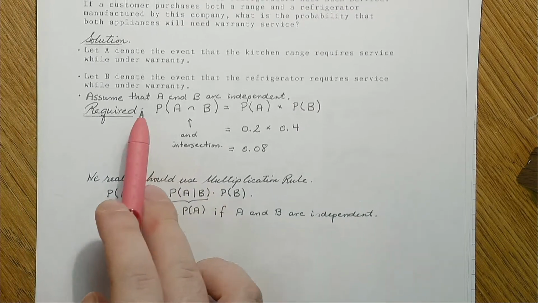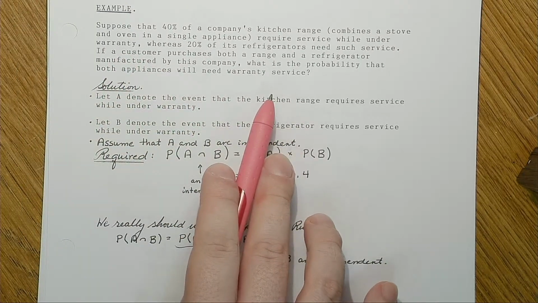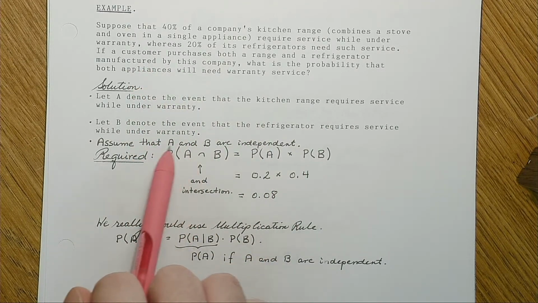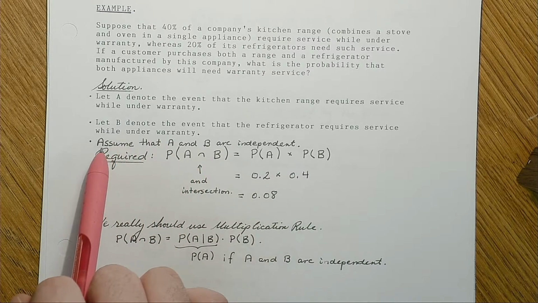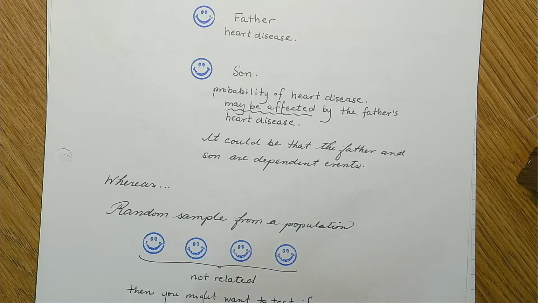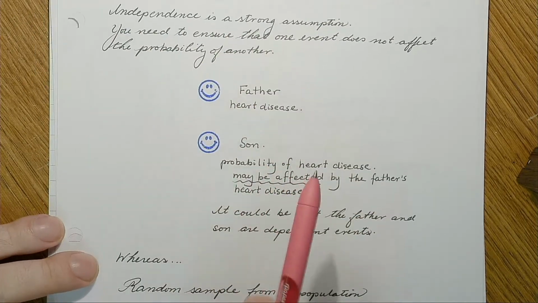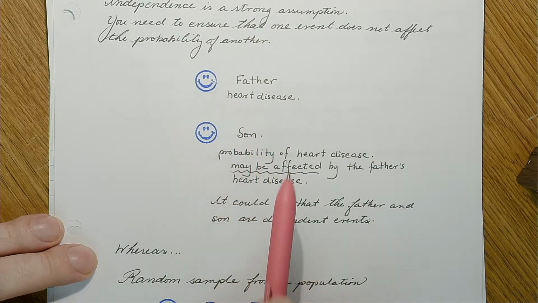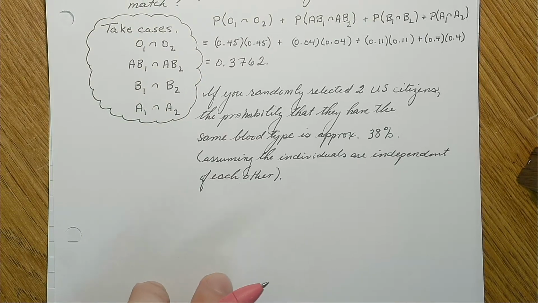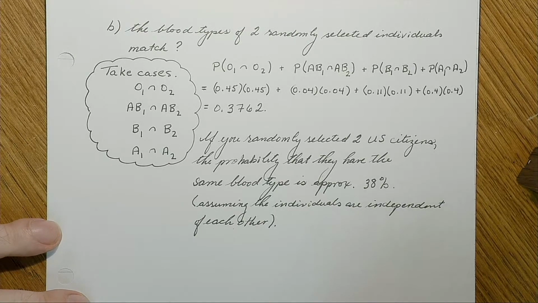Again, you can show up to a question like this, and you might not be able to calculate the probability of the intersection unless you make this assumption that they're independent. Again, independence is a very strong assumption. We talked about that with heart disease with a father and son. And it also showed up when we were looking at blood types in selected individuals.